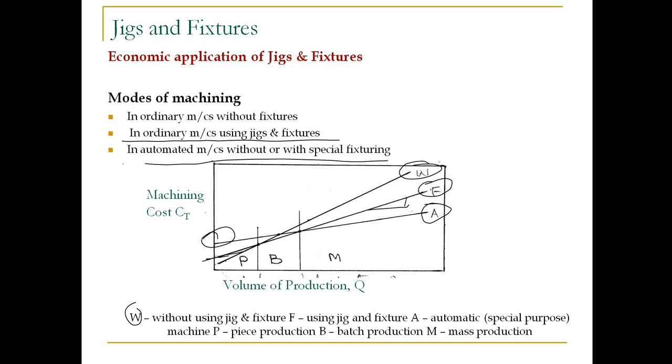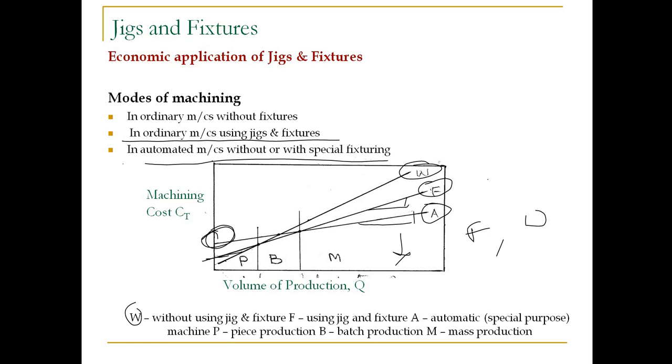Obviously automatic machines are costlier than ordinary machines, like a CNC machine is costlier than a lathe machine, and a vertical milling machine is costlier than a conventional milling machine. So the initial cost will be much higher, as you can see in the graph, but ultimately the final cost will be much lower. The labor cost will be much lower compared to F and W. So this is the scenario.